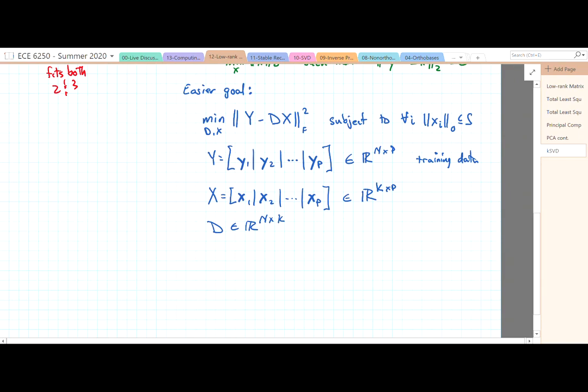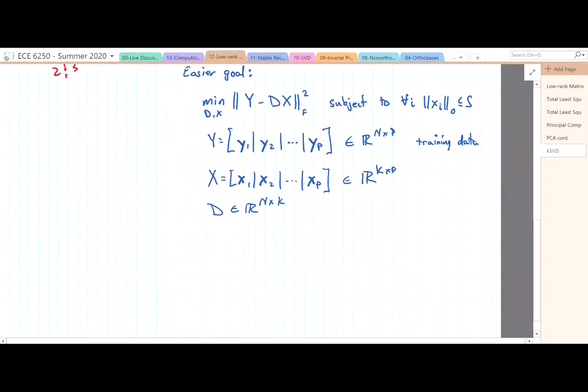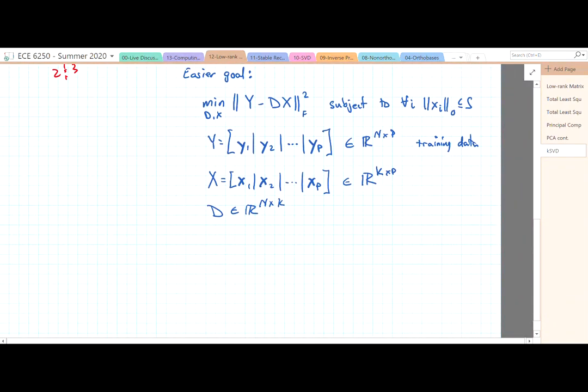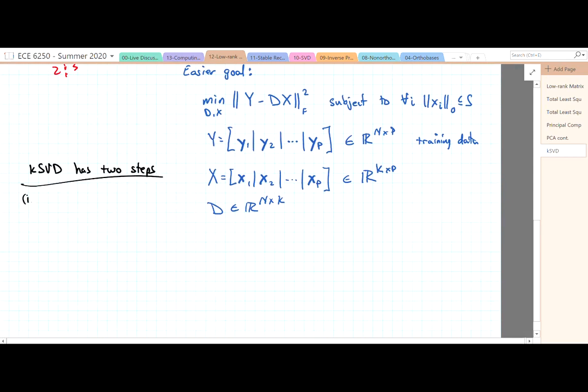So, how do we proceed? Well, we're going to do this in 2 steps. K-SVD, when I say 2 steps, it's actually 2 steps per iteration. We'll talk about that. One is the sparse coding, meaning the representation of our signal in a sparse sense.